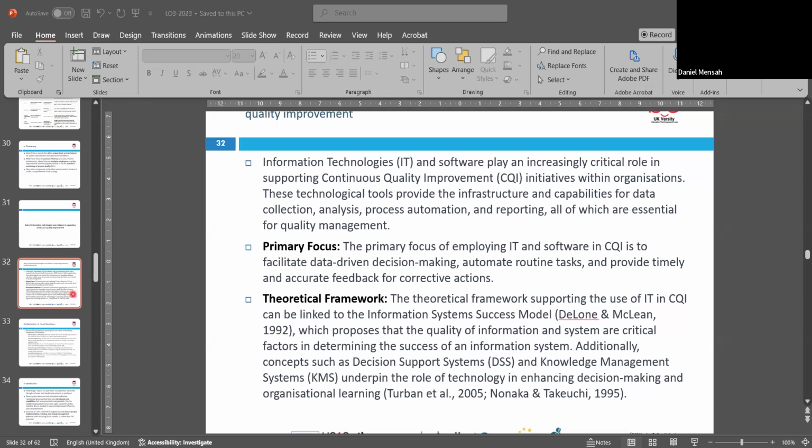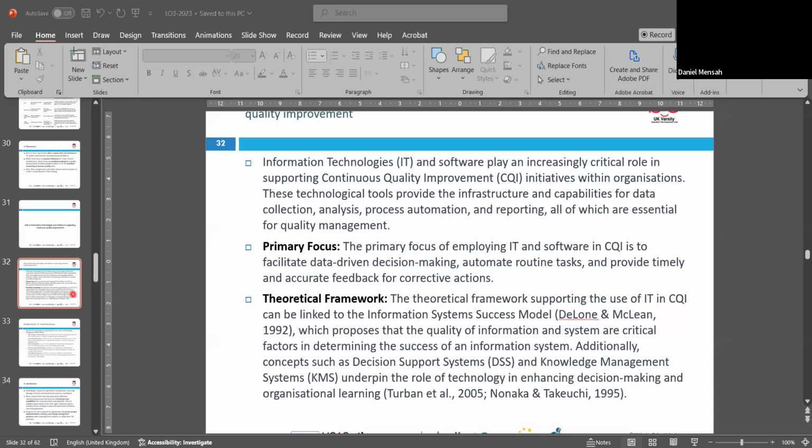Okay, so the decision support system. This kind of system helps managers make better decisions because you have the data, and in the system you have some integrated tools which help to analyze the data, maybe in the form of charts, in the form of trends. Based on these analysis and modeling techniques, managers can find out which option is better and which option is not working well for them.